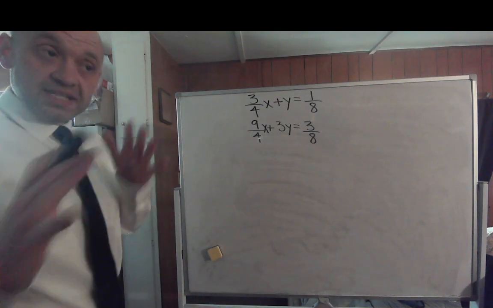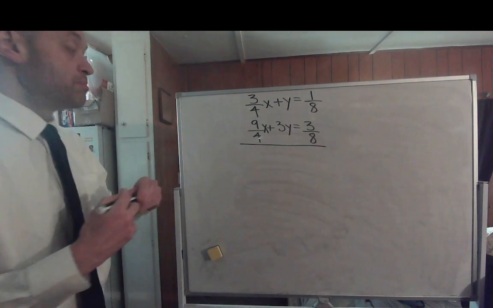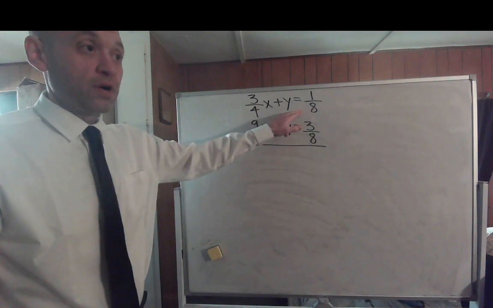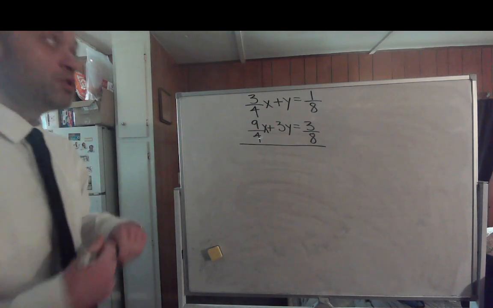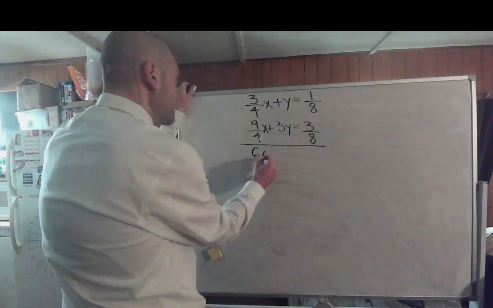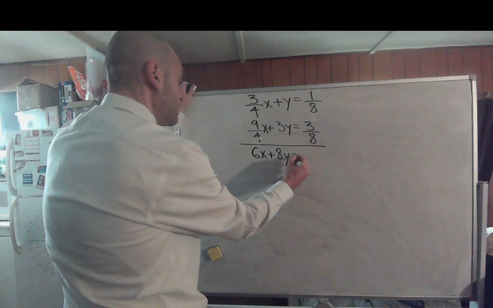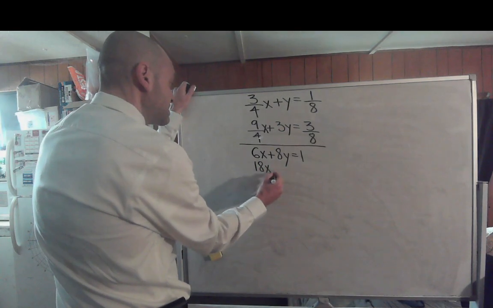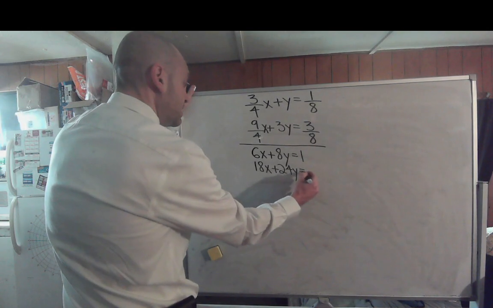Well, again, let's get rid of the fractions. In this case, both equations have denominators of 4 and 8, so in both equations your common denominator should be 8. So multiply both equations by 8, you should end up getting 6x plus 8y equals 1, and then you should end up getting 18x plus 24y equals 3.